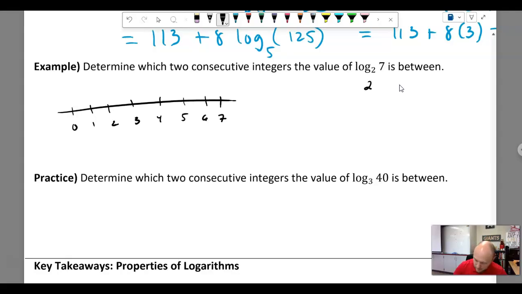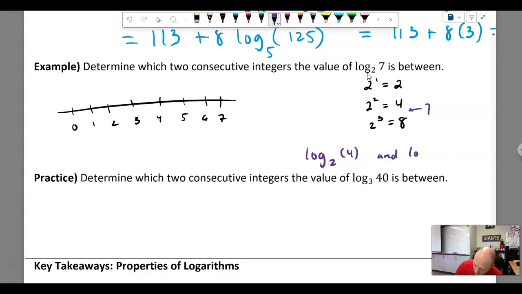Like 2 to the first, that's 2. 2 to the second, that is 4. 2 to the power of 3, that is 8. So doesn't 7 live right here? So what that means is that log base 2 of 7 is going to live between log base 2 of 4 and log base 2 of 8, right?